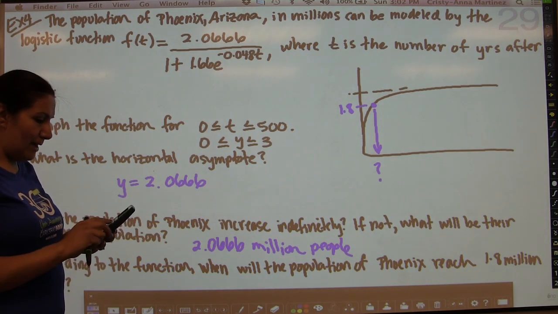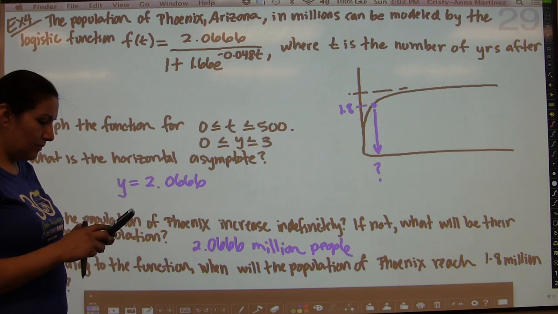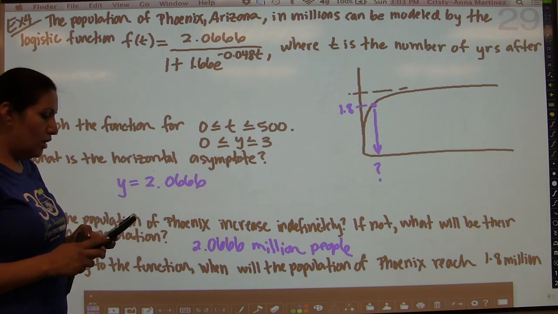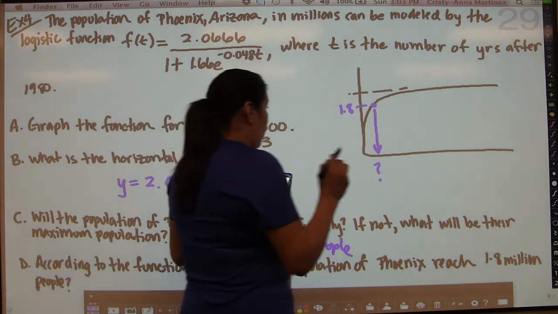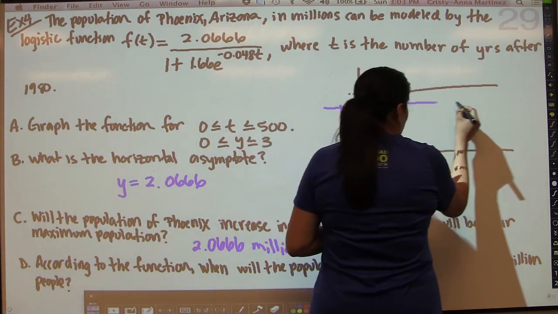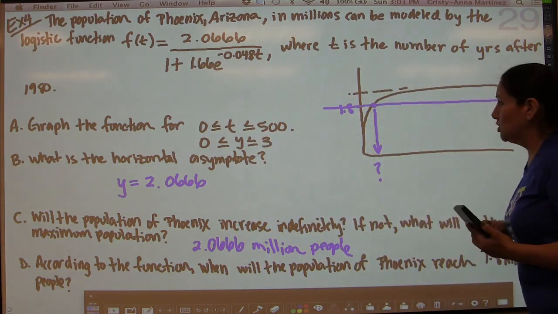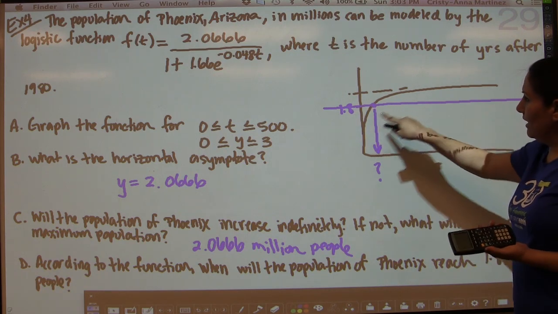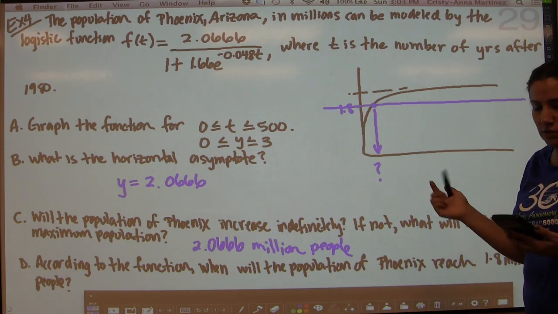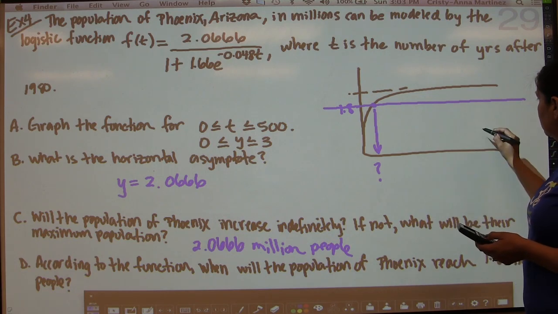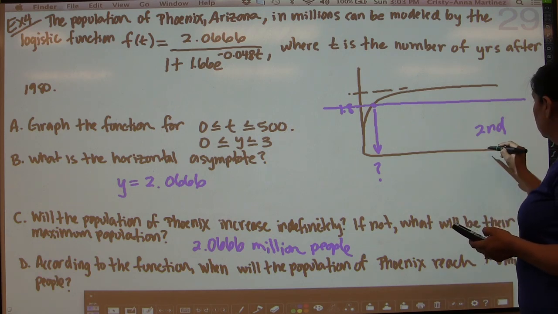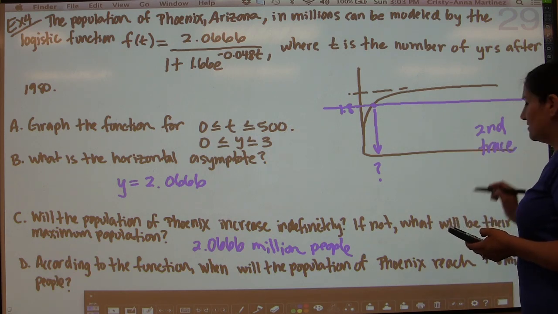And when you graph that, you're going to get a horizontal line that is going to go straight across like that on your graph. And so what we want to do now is use the calculator's features to find the intersection of the line and the curve, and that will be your t value. So we're going to go second, and we're going to go trace, because that's the calc feature.